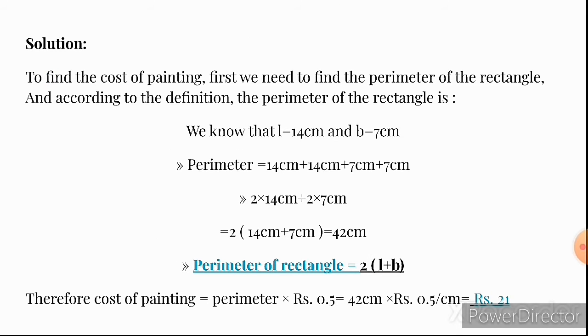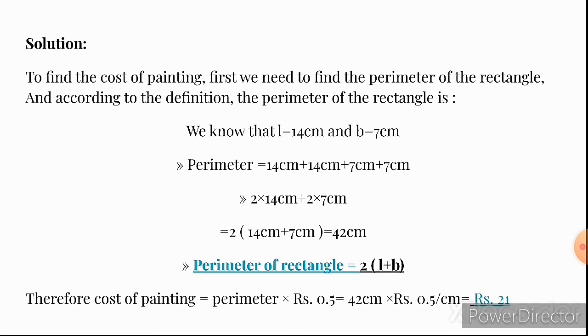Solution. To find the cost of painting, first we need to find the perimeter of the rectangle. According to the definition, the perimeter of the rectangle is, well, we are going to derive it. We know that length is equal to 14 centimeter and breadth is equal to 7 centimeter.